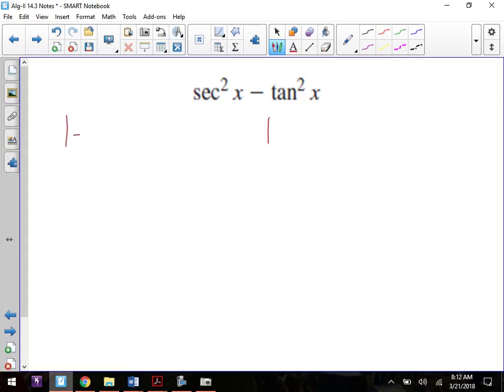Now, let's say you forgot that, which is completely possible. Okay? Secant squared is the reciprocal property of what? Cosine squared. So I could write that as 1 over cosine squared.